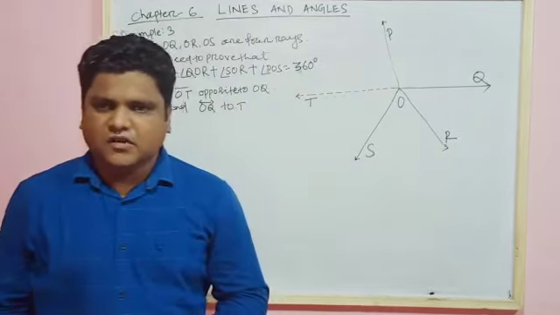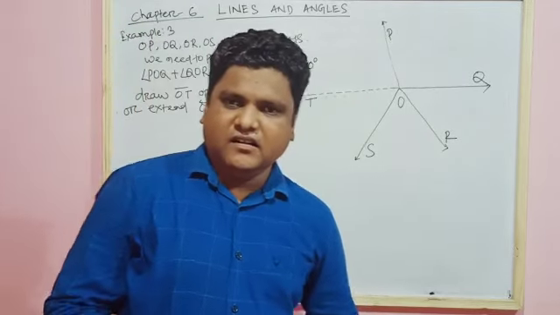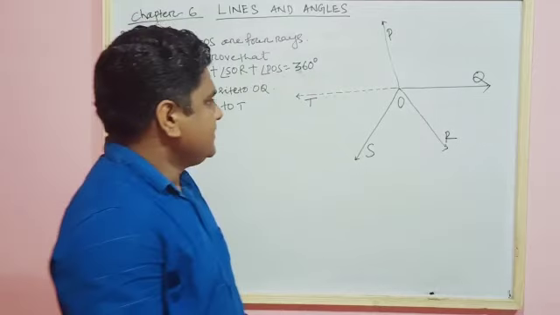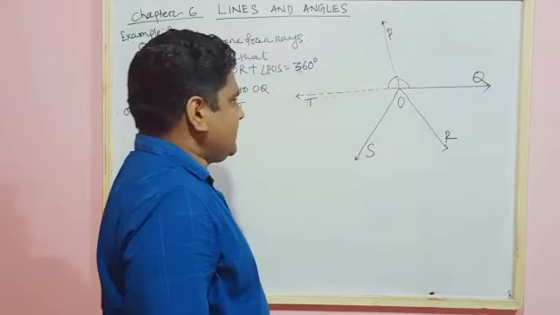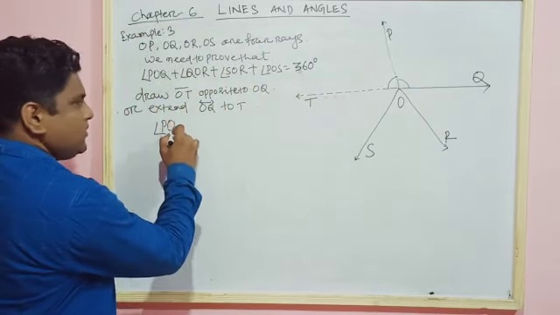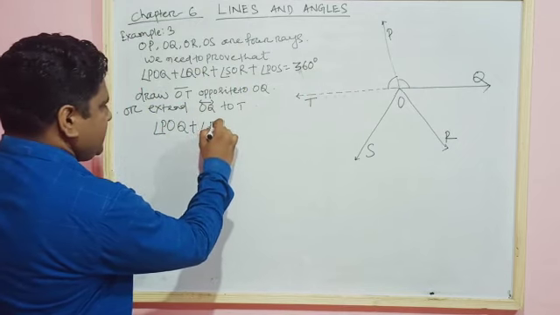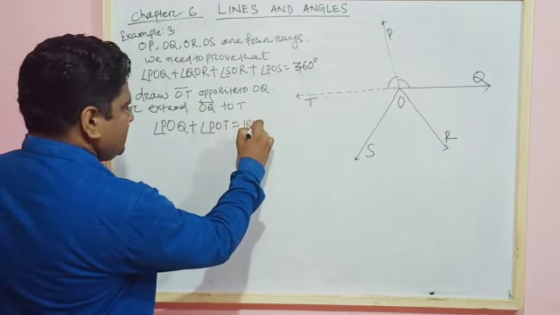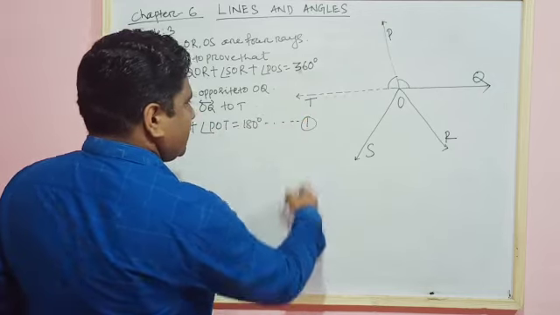Okay, so we know that the sum of the angles of a linear pair is 180 degrees. So in this case the sum of these two angles is 180 degrees. So we can write angle POQ plus angle POT equal to 180 degrees. Let it be equation 1.